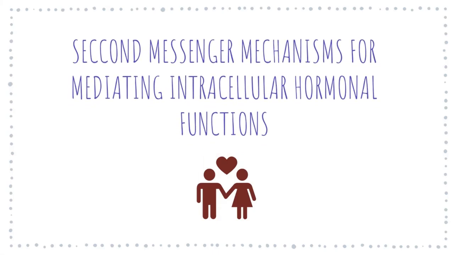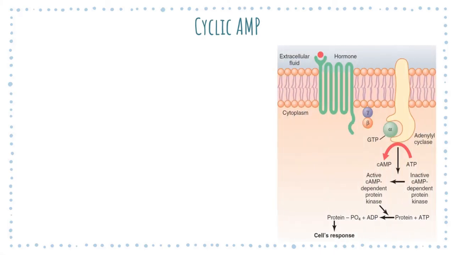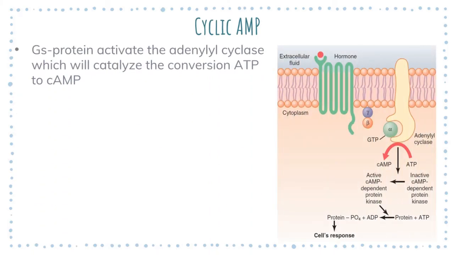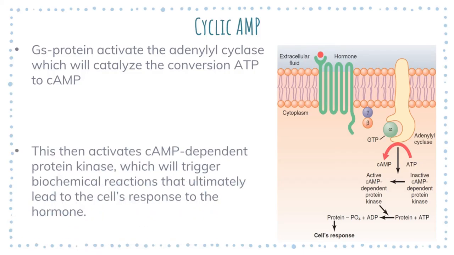Second messenger mechanisms for mediating intracellular hormonal functions. Cyclic AMP. Gs protein activates adenylate cyclase, which will catalyze the conversion of ATP to cAMP.